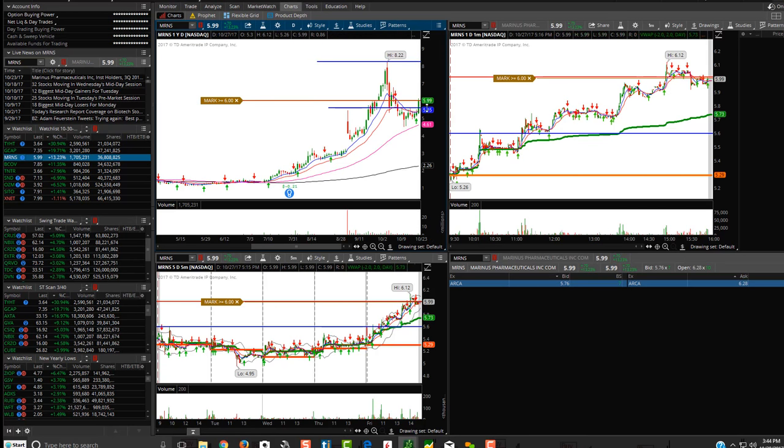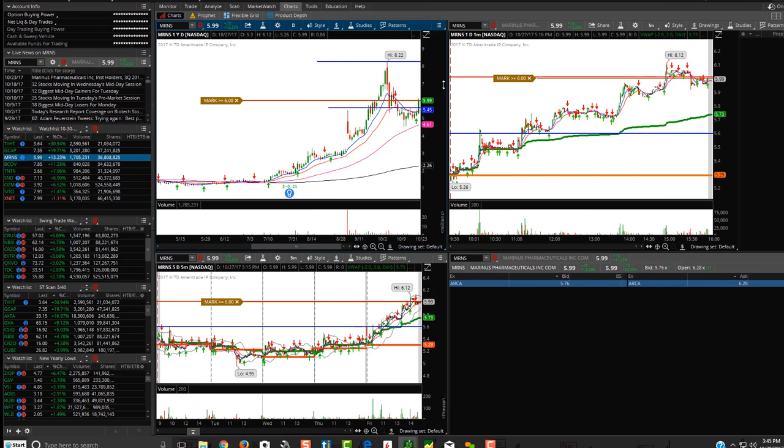So for instance, let's say with technical analysis, it looks like come Monday morning, MRNS might break over $6. Well, before you enter that trade, you've got to ask yourself, how far can MRNS run? Whether you're day trading or swing trading, it doesn't really matter. If you're day trading, you want to see how far it can potentially run that day.